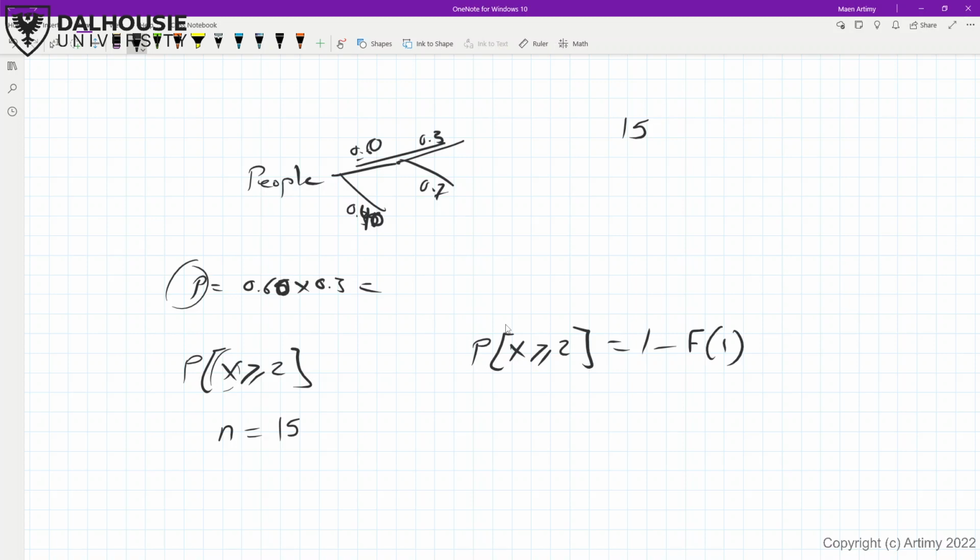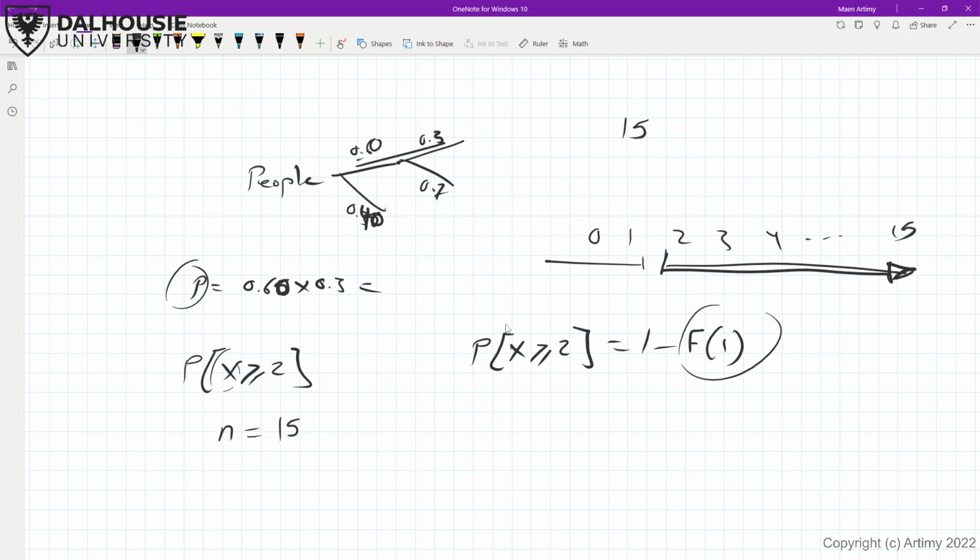Again, 0, 1, 2, 3, all these possible up to 15. We're looking for the probability of 2 or above, so we can subtract 1 and less, which is F of 1. If we go back to the tables again, remember we have n = 15 this time, probability is 0.18.